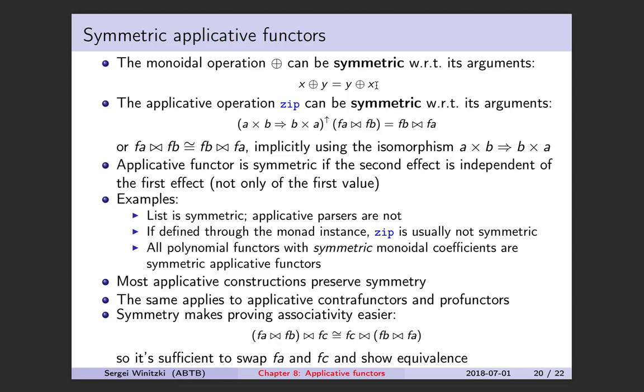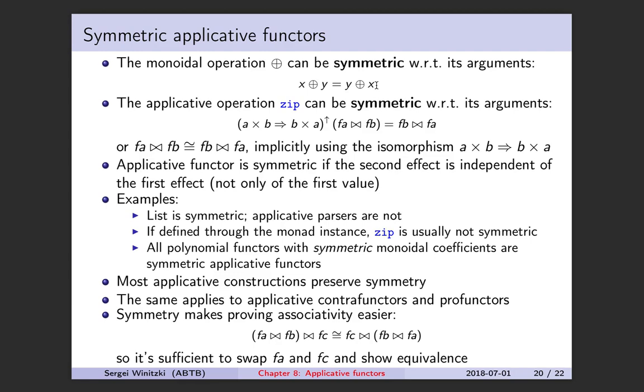Strings and string concatenation is not a commutative monoid. So that would not be commutative, and so the polynomial functor with string coefficients would not be symmetric or commutative, maybe better to say. But I've seen usage of the word symmetric, so I would say commutative or symmetric applicative functor would be probably the same meaning.